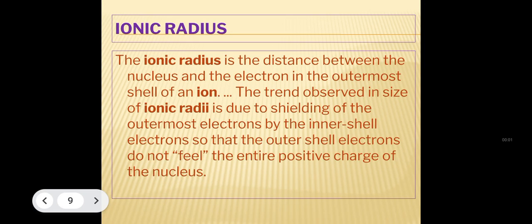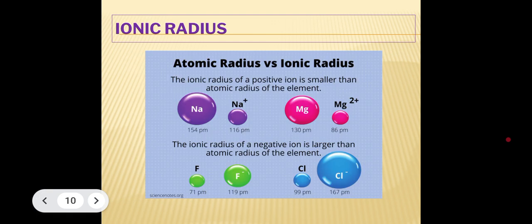Let us learn about ionic radius today. It is the distance between the nucleus and the electron in the outermost shell of an ion. If you compare atomic radius and ionic radius, for sodium the atomic radius is 154 picometer, and the ionic radius for the sodium ion is 116 picometer, because cations are formed when electrons are lost from the outermost shell.